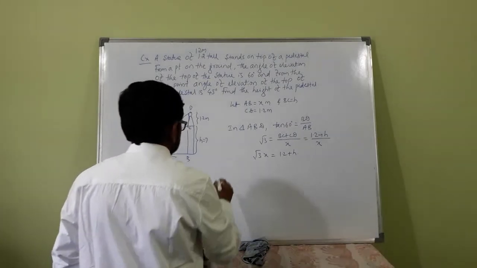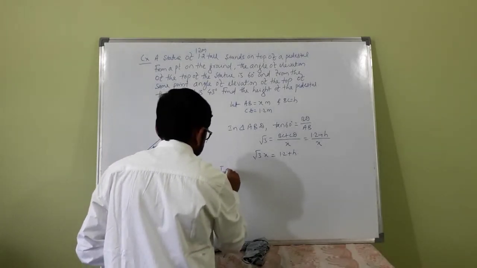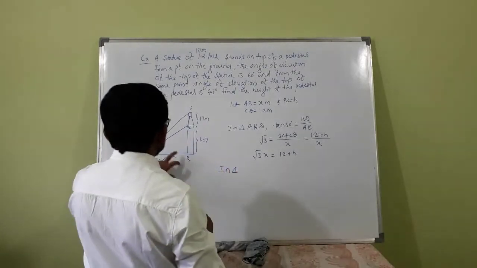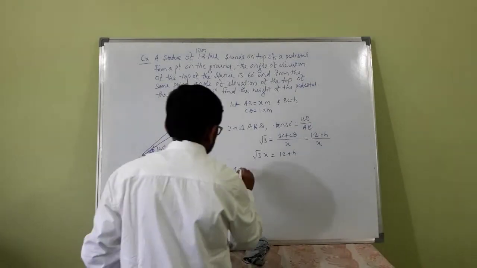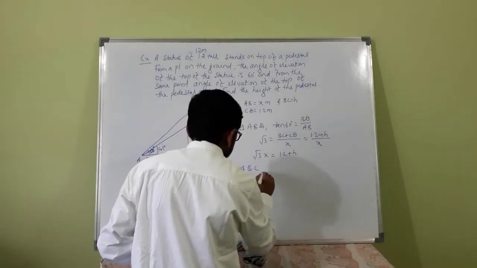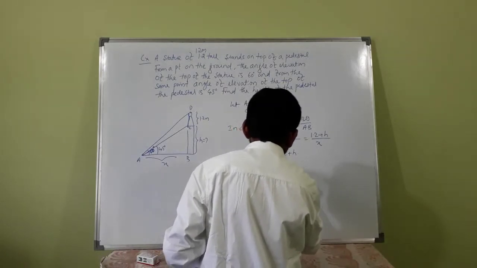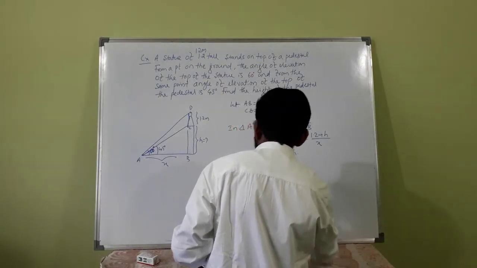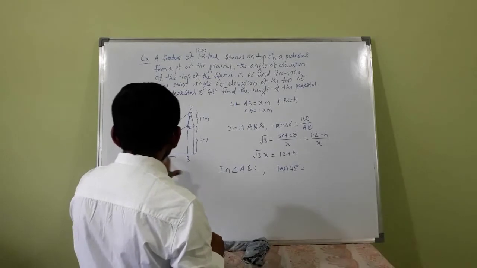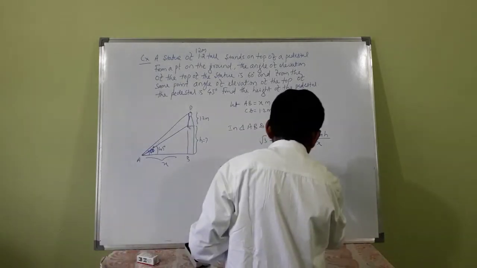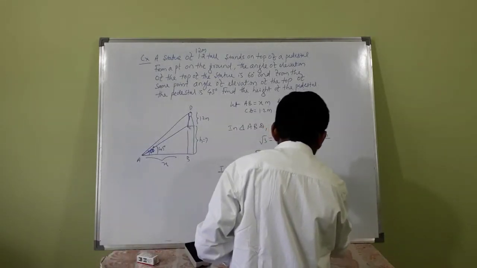Okay, in triangle ABC, tan 45 degree is equal to BC by AB.